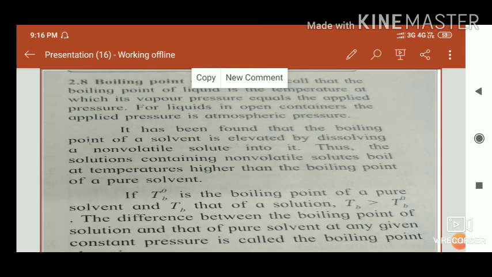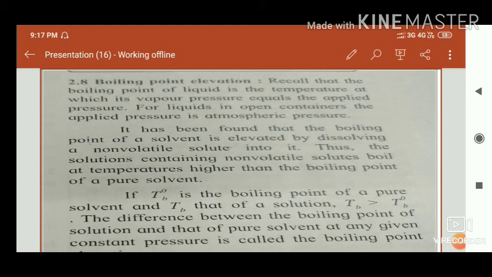Now if we consider TB naught is the boiling point of a pure solvent. T means temperature, B means boiling point, and TB naught, this notation is used for the pure solvent, and TB is that of the solution. Then TB is greater than TB naught. Here TB is the boiling point of the solution, which is higher than TB naught, that is the boiling point of the solvent.